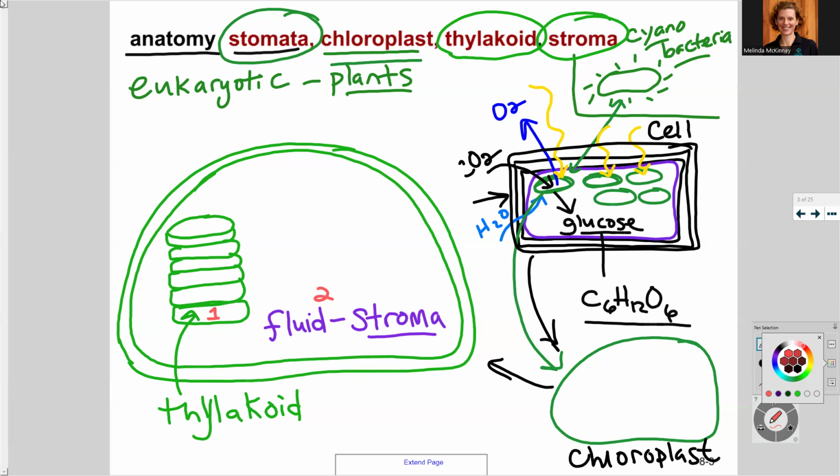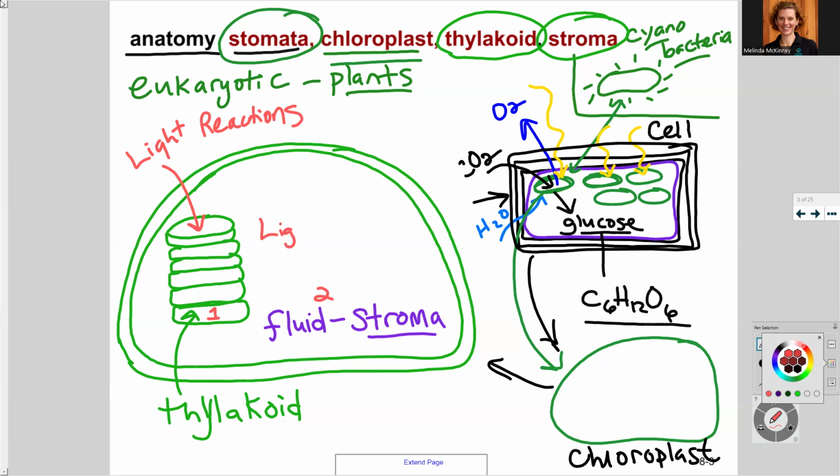So the reactions in the thylakoid are called the light reactions. And the second set used to be called the dark reactions. They have been renamed to be more accurate.